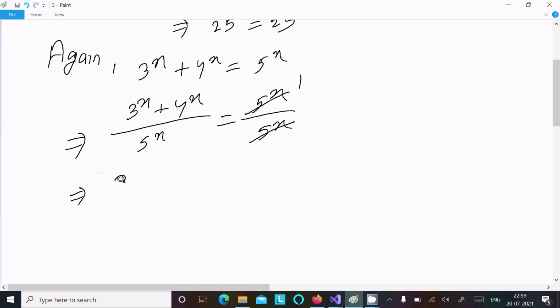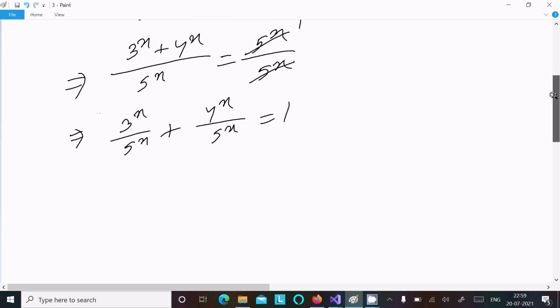Now here we can write 3 power x divided by 5 power x plus 4 power x divided by 5 power x equal to 1.